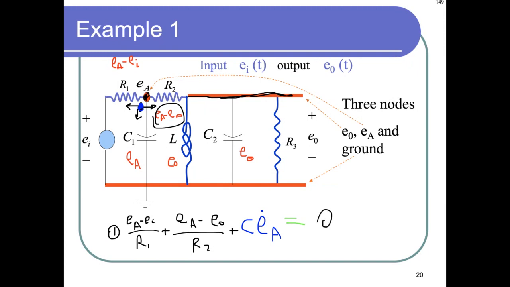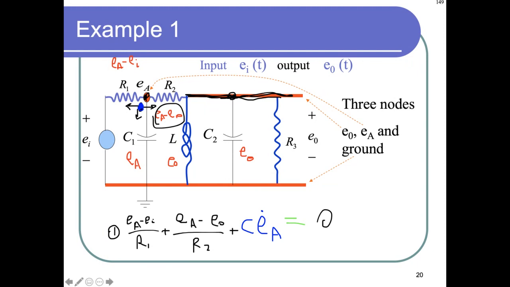Okay. Now we have the other node here. So we have the current through R2. Or maybe, you know what, let me just use the same direction here.